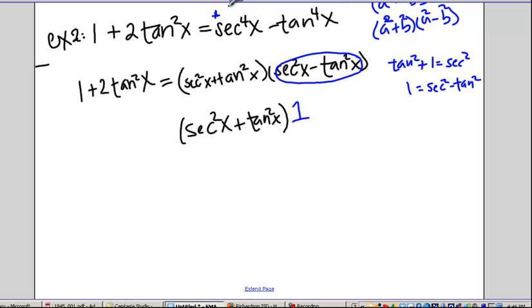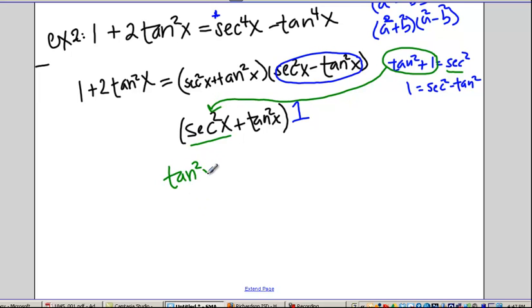Okay? Now, because we still got to cancel this out, going back up to the original Pythagorean identity, I'm going to plug in tangent squared of x plus 1 in place of secant squared, which you're allowed to do.